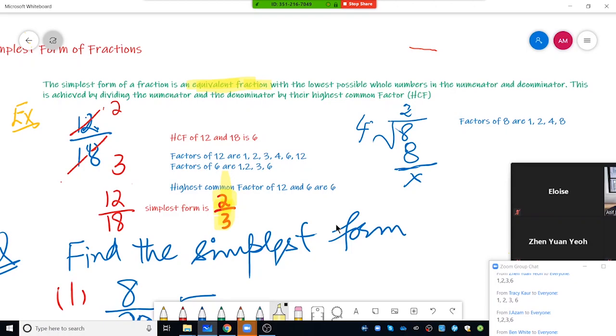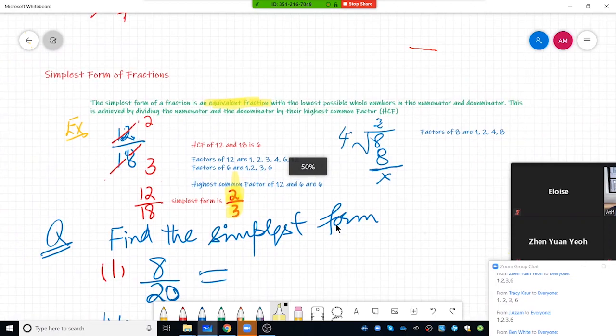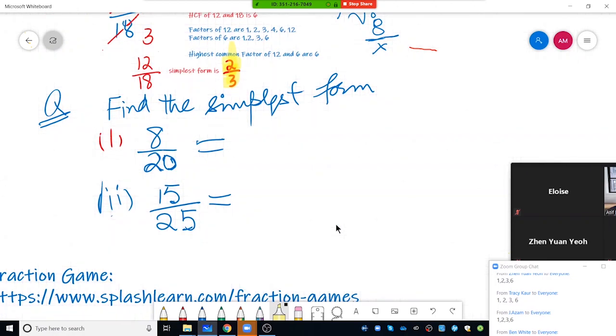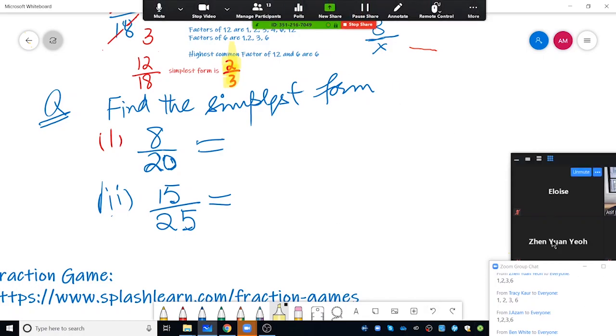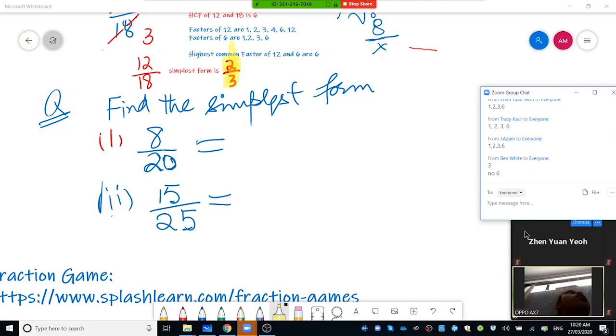So we would do some questions, and this is your task. First, find the simplest form of 8 over 20. Kindly do it and let me know what the simplest form of 8 over 20 is.